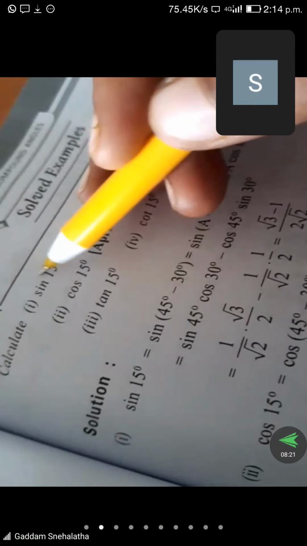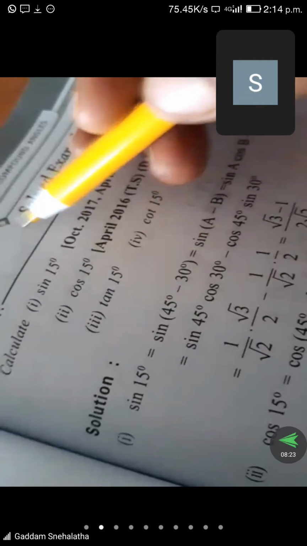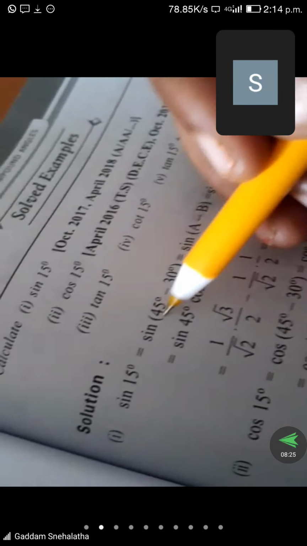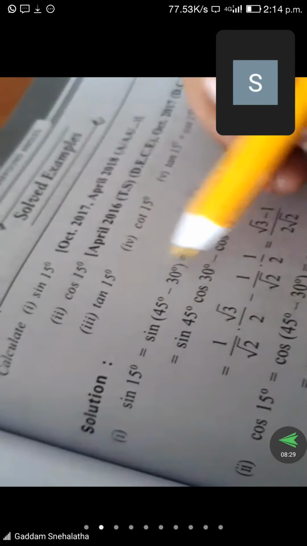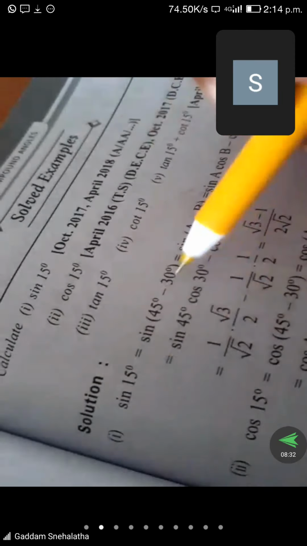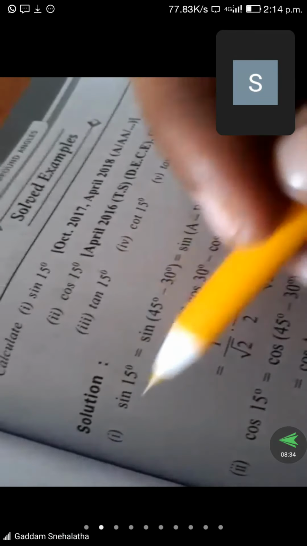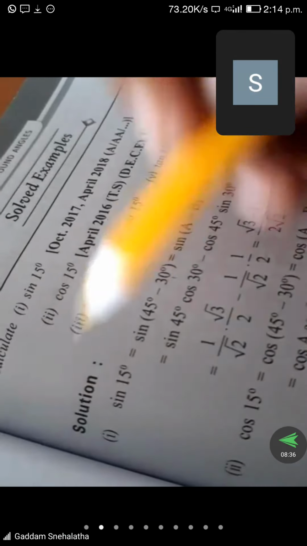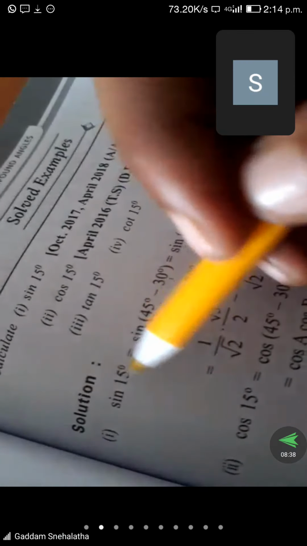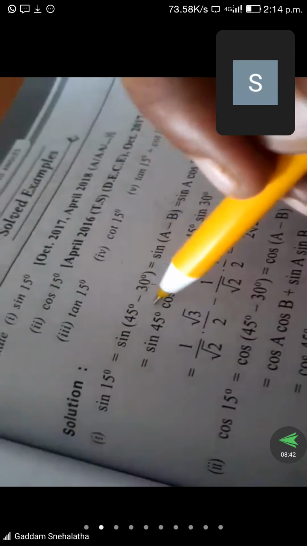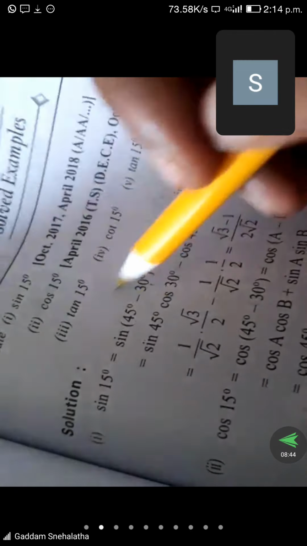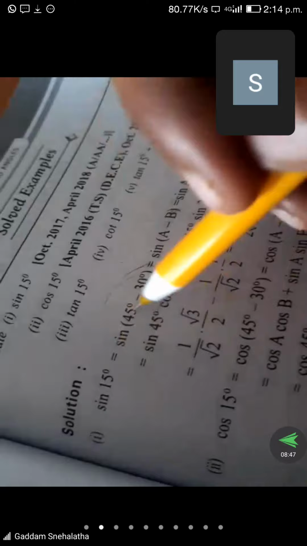To find sin 15, we have to subtract 2 values. So that's why 45 minus 30 degrees; we know the 45 value as well as the 30 value. Sin 45 we know, sin 30 we know. So 45 degrees minus 30 degrees is 15 degrees. So we can write sin 15 as sin of 45 degrees minus 30 degrees. Now it is in the form of sin of A minus B.